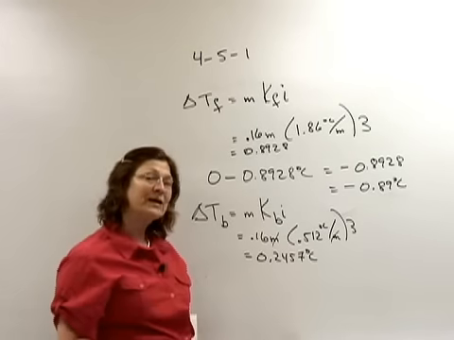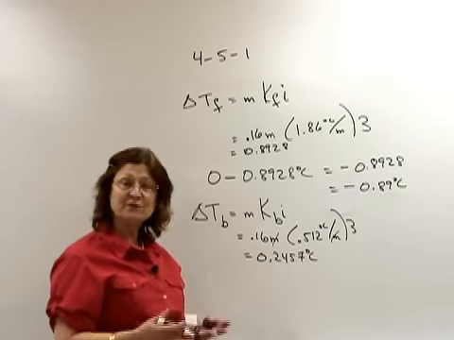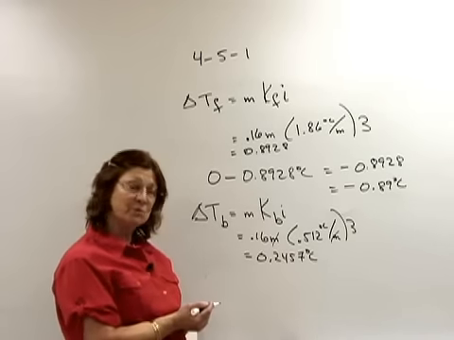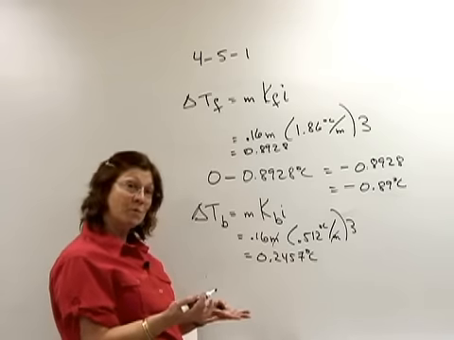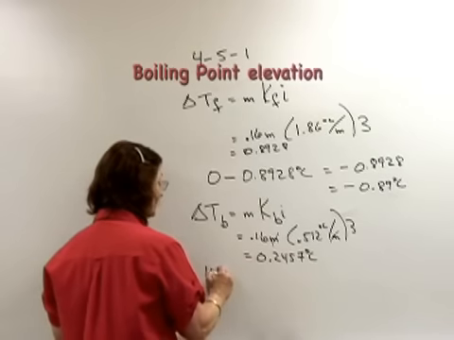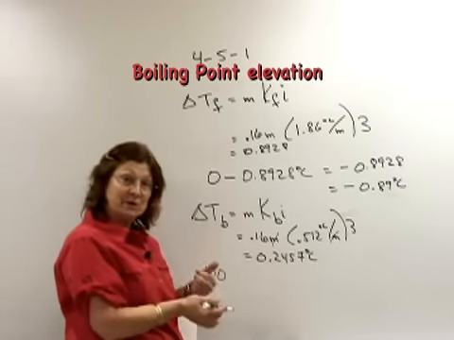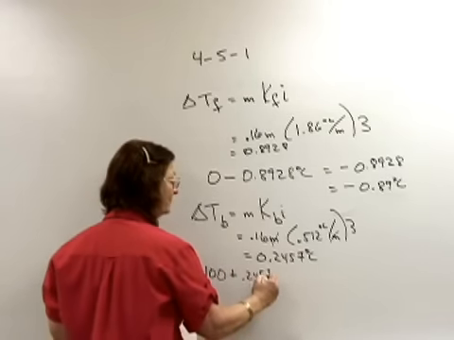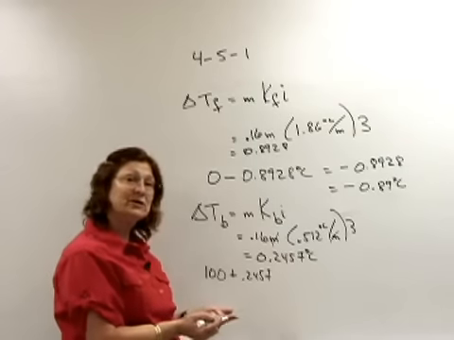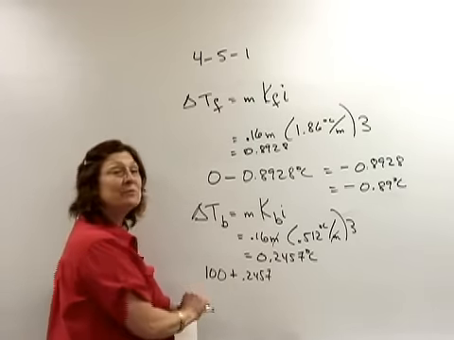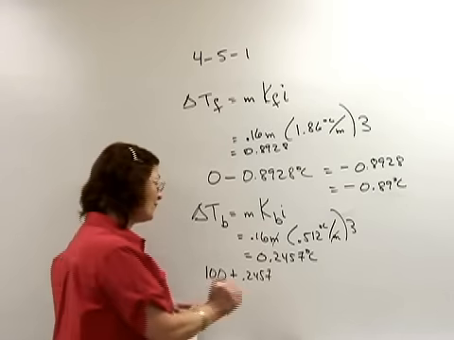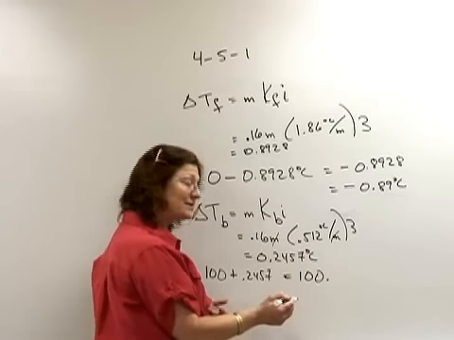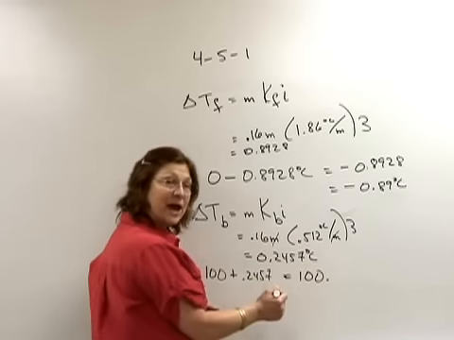And boiling point is a little bit different. I have a different rule for how our answer should be expressed with boiling point. Now, water normally boils at 100 degrees, and it is elevated, so it goes up. So I'm going to add 0.2457. Now, you can see if I was doing 2 significant digits, it would still be 100 degrees. Therefore, we are going to take our boiling points 3 places after the decimal and round it.